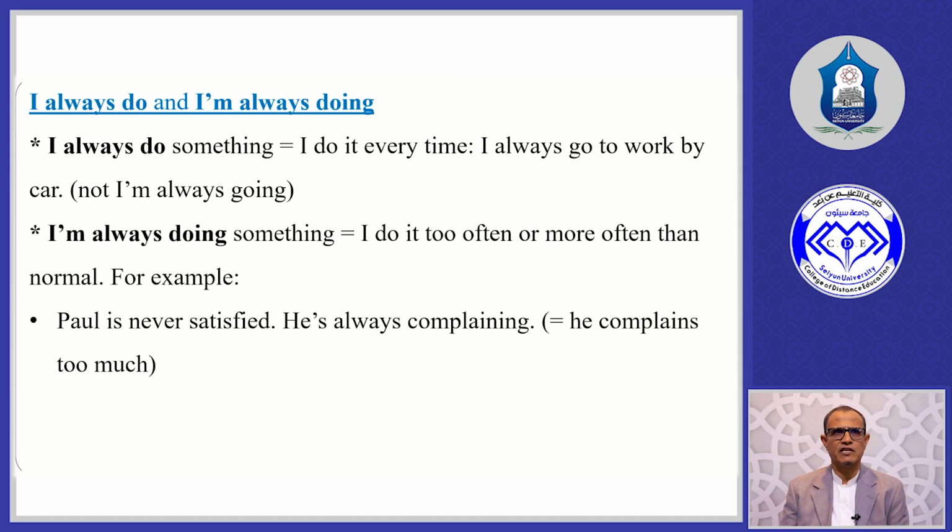And also sometimes we can see that the adverb always, which is the adverb of frequency, can also be used in the present continuous tense. The present continuous tense, as we explained in the previous lecture, is usually used to express actions that are happening at the same time of speaking.